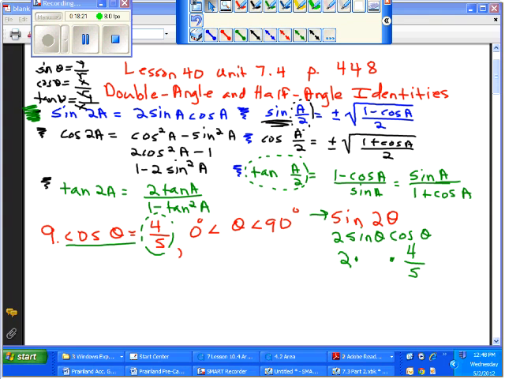Based on that information then, we know that cosine theta is equal to X over R. That means my X is 4 and my R is 5. And I can use the Pythagorean theorem to get my Y. X squared plus Y squared equals R squared.